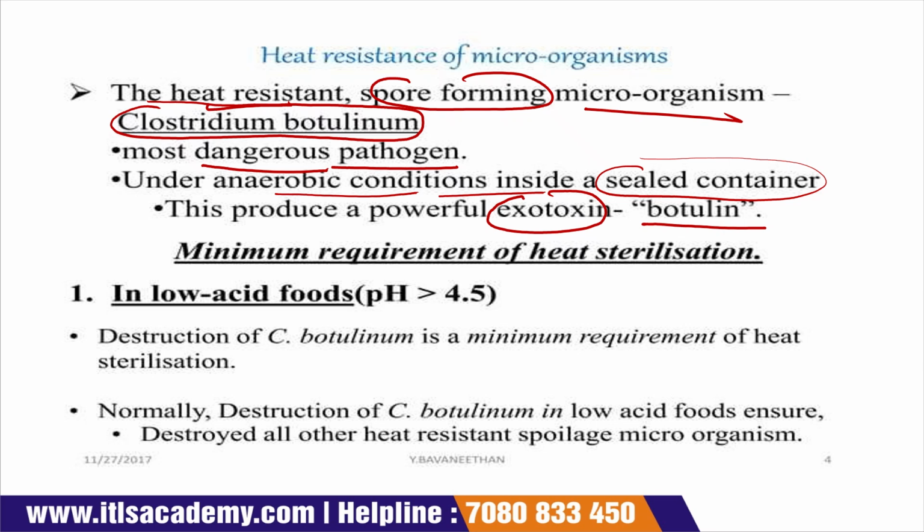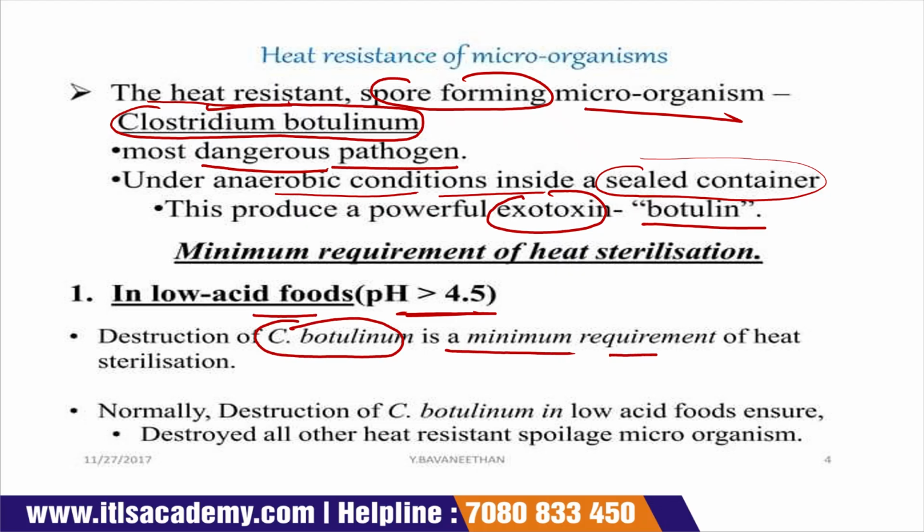The minimum requirement for heat sterilization in low acid food, where the pH is more than 4.5, is to destroy Clostridium botulinum.